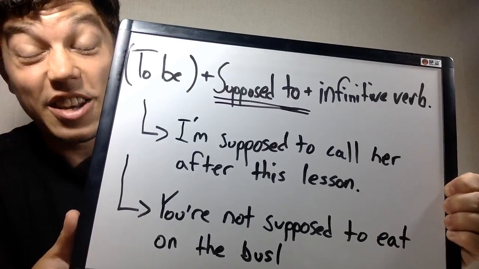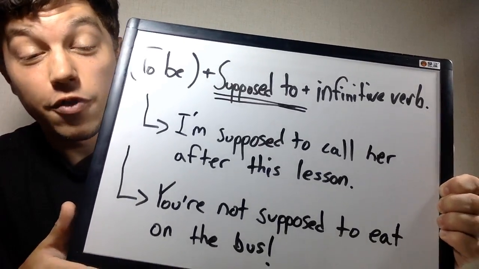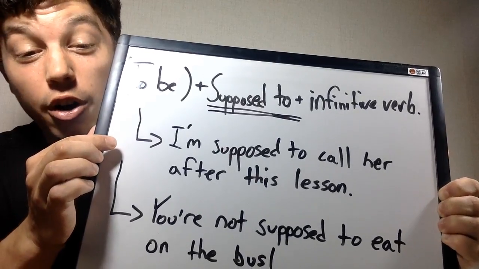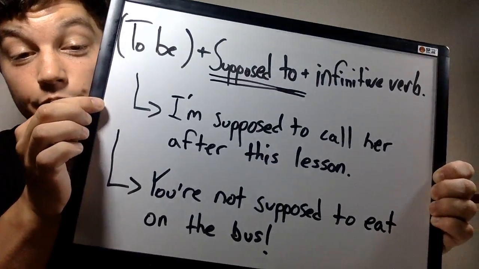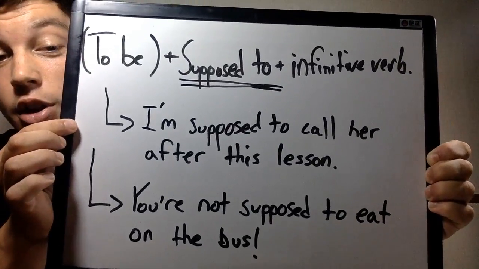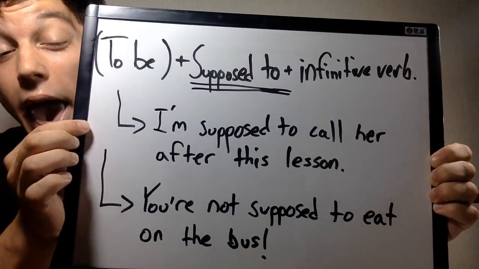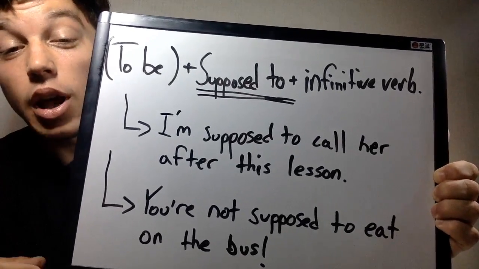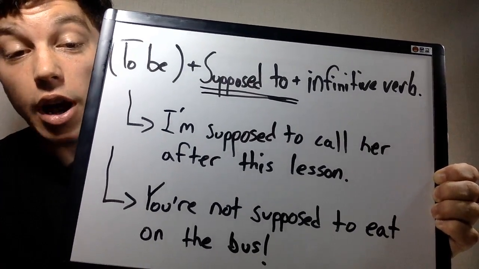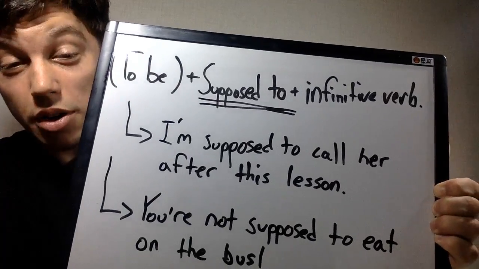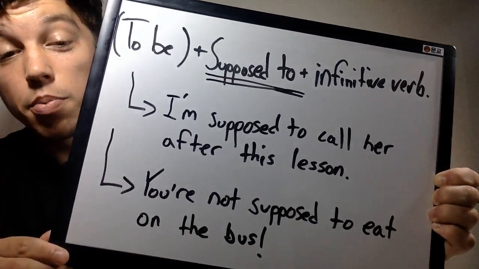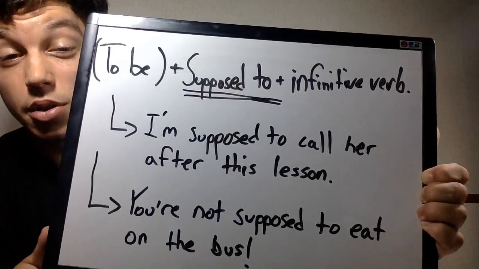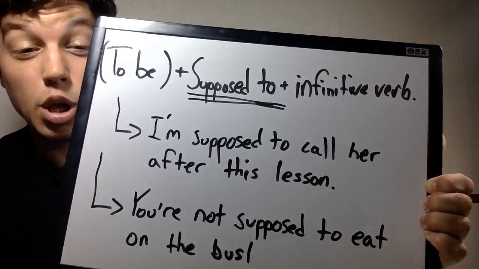So that's the infinitive form of the verb. For example, I'm supposed to call her after this lesson. I'm supposed to call her after this lesson. So I am being the verb to be, supposed to, and call her after this lesson. We'll talk about what these mean afterwards, but this is how each sentence is going to be formed. Just remember this. You can think of it as a formula, okay?